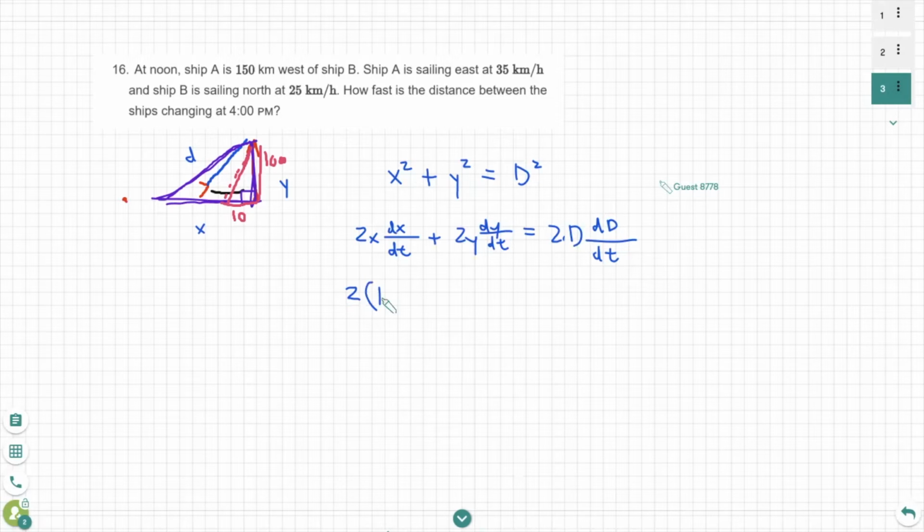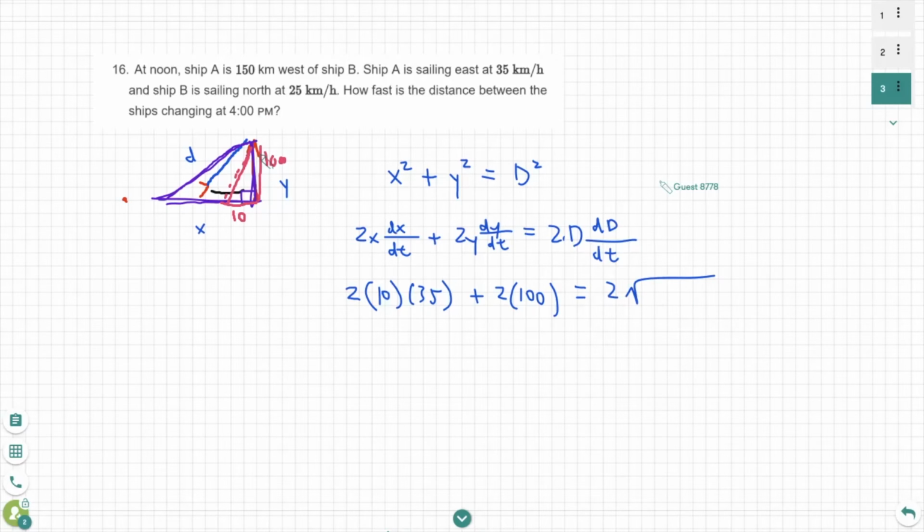So it's 2 times 10 times 35 kilometers an hour plus 2 times 100 times 25 kilometers an hour, equals 2 times D. D would be the square root of 10,000 plus 100, which is 10,100.